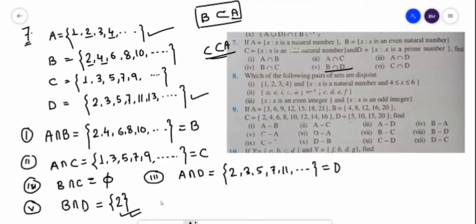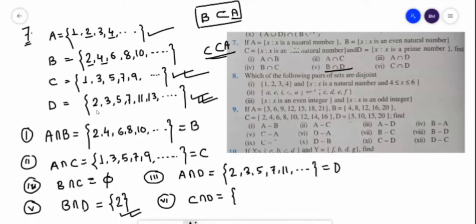Number 6, C intersection D. In C the odd natural numbers are there, and in D all prime numbers are there. Other than 2, there exists no even prime number, and the remaining prime numbers are all odd.